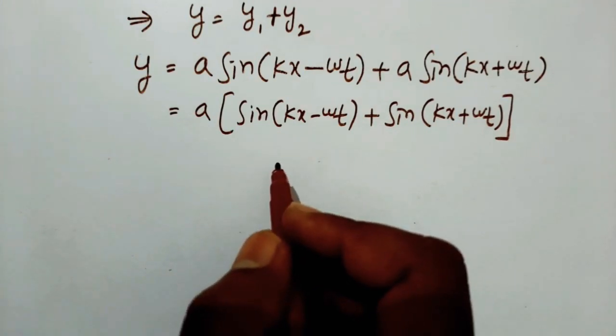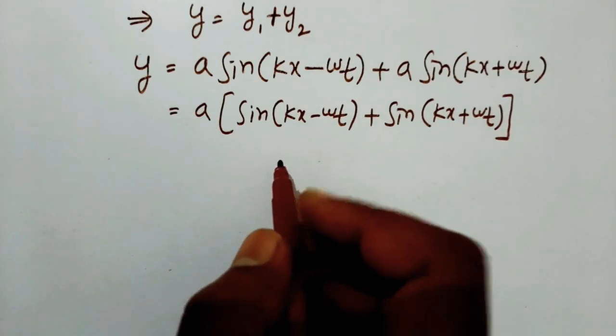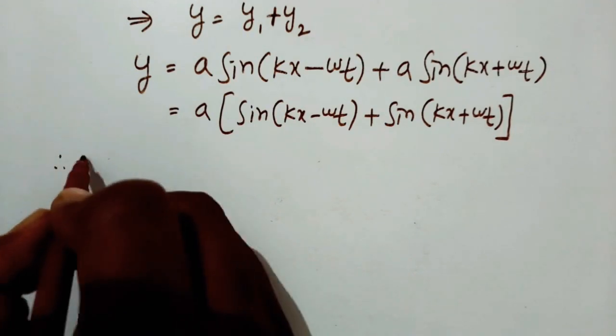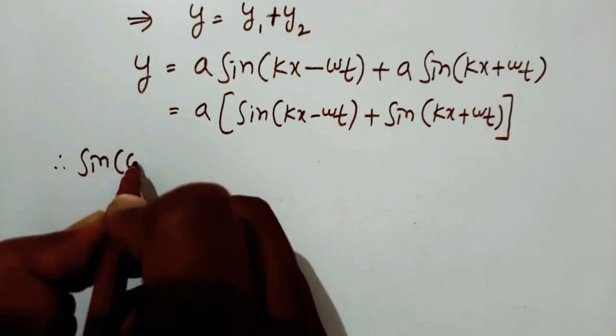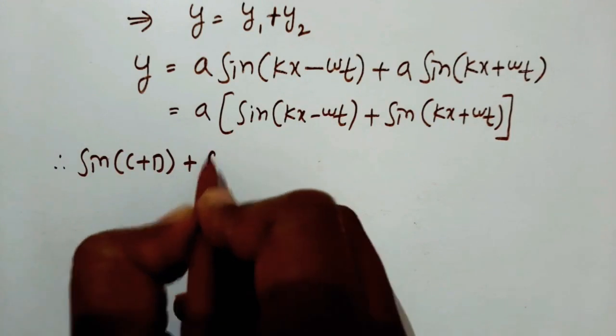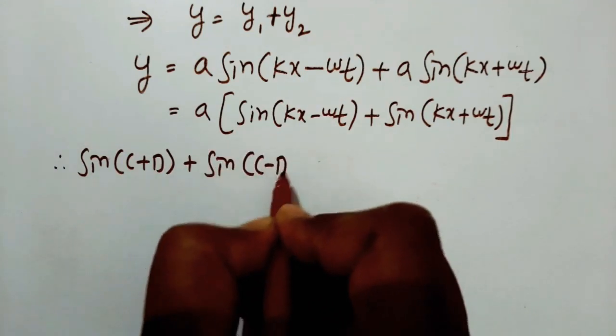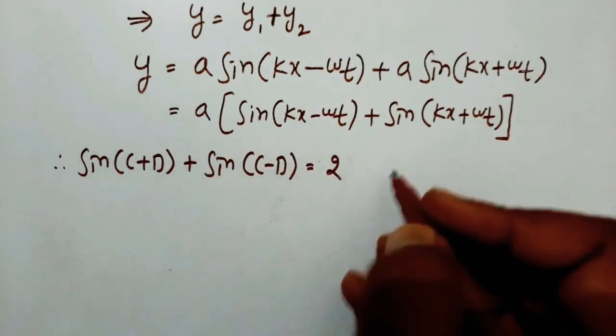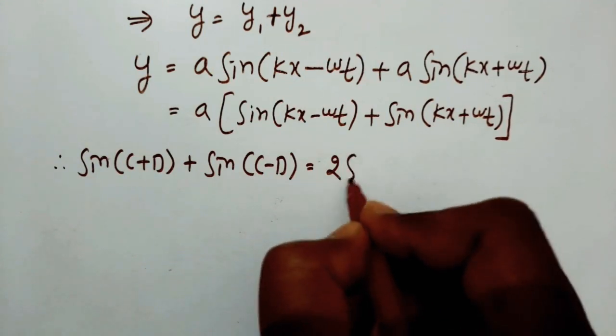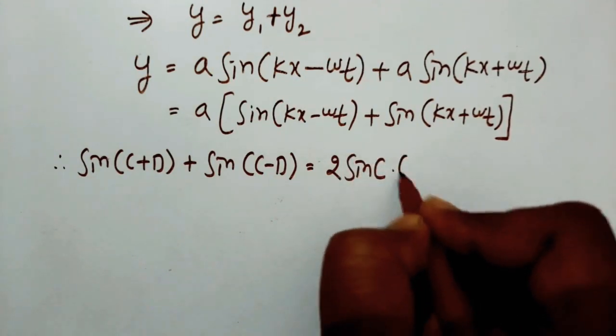Here we have a trigonometric formula, that is sin(c plus d) plus sin(c minus d) is equal to 2 sin c cos d.